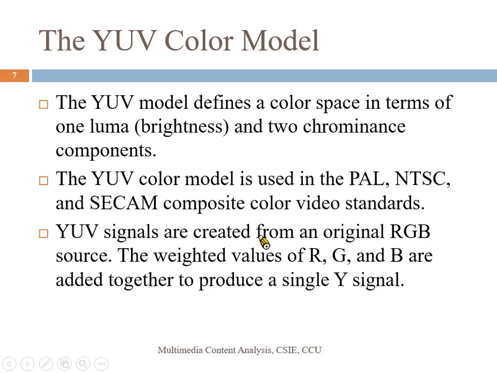Among the various color models for representing color information in videos, we put more focus on the YUV color model and the YCbCr color model because they are widely adopted in video compression applications and systems. The YUV color model defines a color space in terms of luminous and two chrominous components.